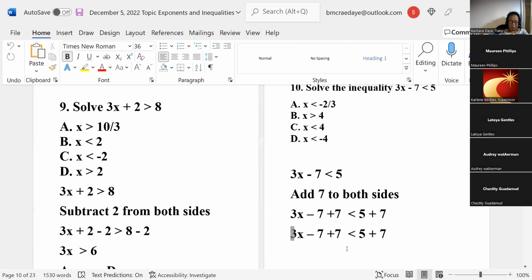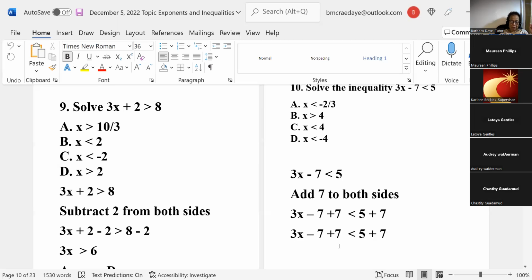Minus 7 and plus 7. Think of it like you owe somebody $7, and you pay them $7.